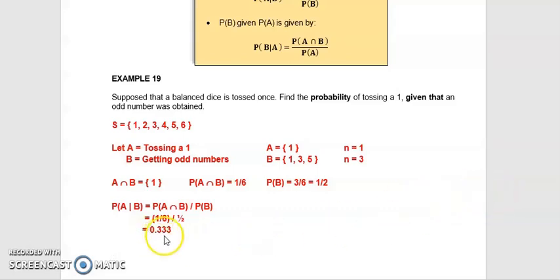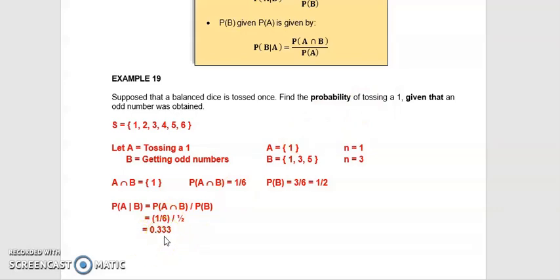So 0.333 here indicates that the chance for us to get number 1, given that an odd number occurs first, is low. Why low? Because the probability is only around 33.3%.